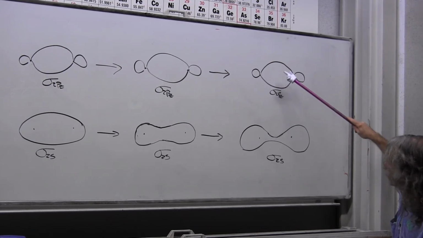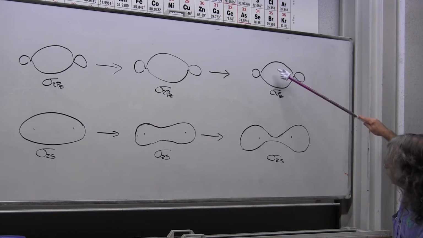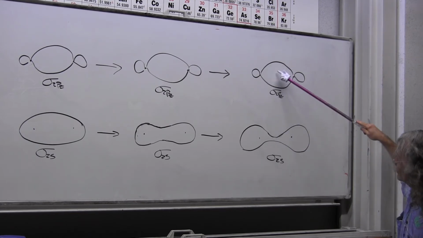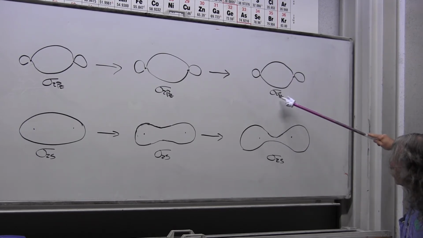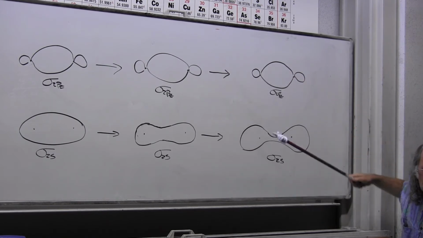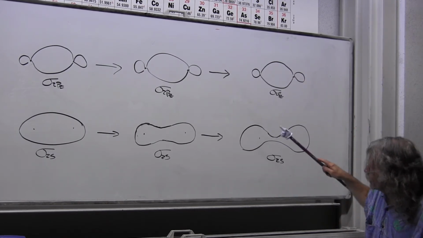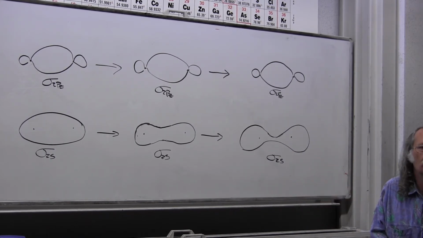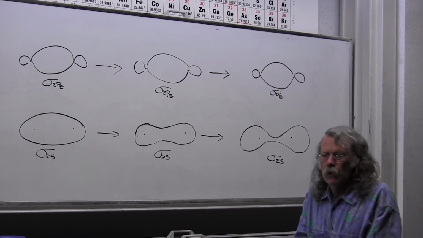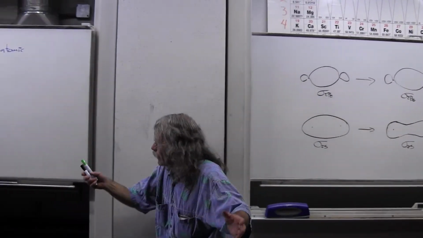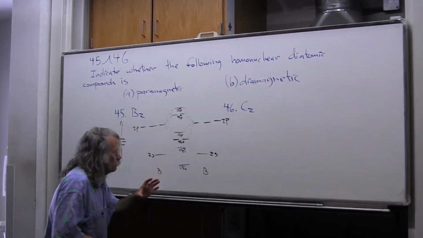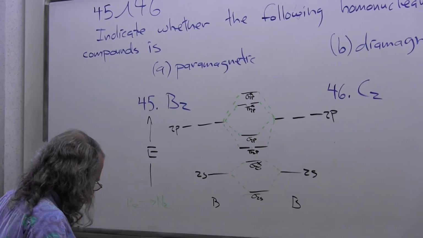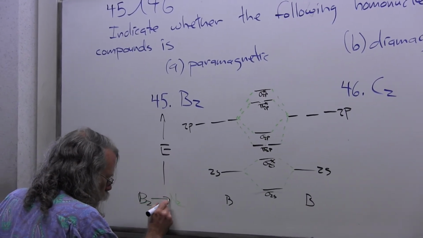And so that means this is placing electron density in a region that doesn't have as much electron density, and so the energy of the sigma 2pz drops down as we proceed across. Eventually, when we get to oxygen, it drops below that of the pi combinations, the pi 2p. And so now we can go back and explain this is the ordering that's going to occur for boron through nitrogen.